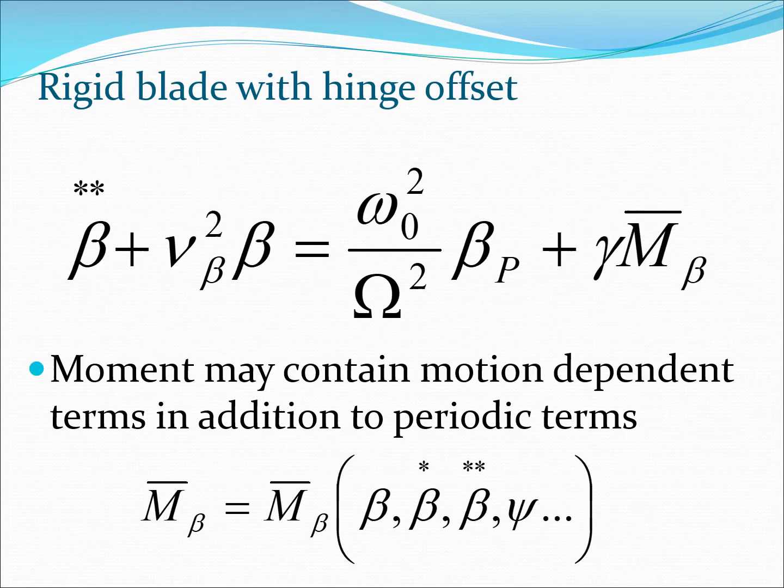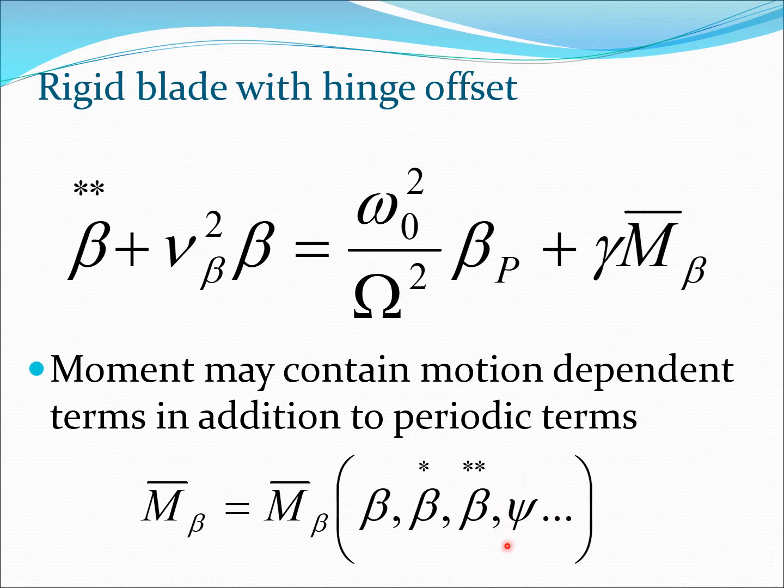Now let's go back to the equation for flap. So we have our usual inertia term, we have the stiffening term, we have a constant term, and then we have the forcing term. Now this forcing term is of greatest interest to us, that is the M beta bar, because this moment is going to contain motion dependent terms in addition to periodic terms. So you are going to have some terms like beta, beta star, beta double star, and you are also going to have psi.